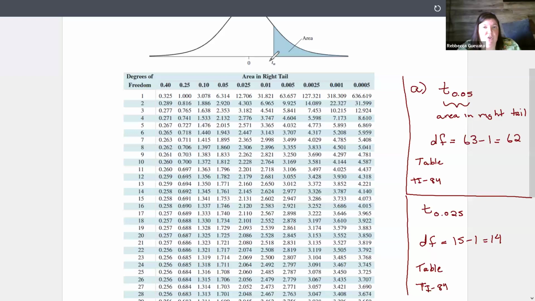So we are looking for an area in the right tail of 0.05. So make sure you pick the correct one, because we have 0.005 and 0.0005. So we need 0.05. So always bear in mind you have to do that. My degrees of freedom are 62.